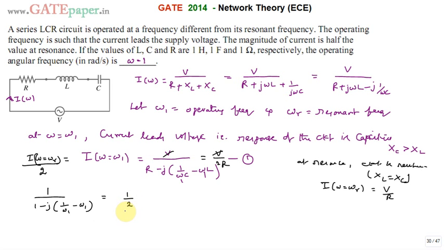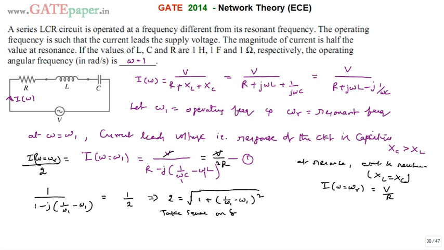So you can write 2 is equal to the square root of the magnitude: 1 square plus 1 square is 1 only, plus 1 by omega 1 minus omega 1 whole square. Take square on both sides.